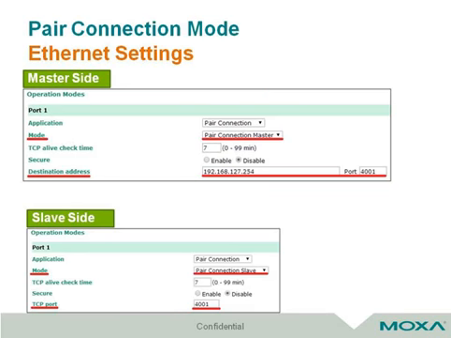For the Ethernet part, the operation mode should be set as pair connection mode. One should be pair connection master, and the other should be pair connection slave. Master should fill in the destination IP and socket port of the slave. At the slave side, it needs to set the TCP port, which is used to establish connection and data transmission.